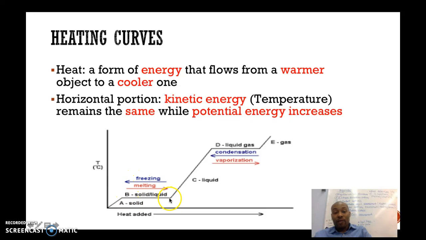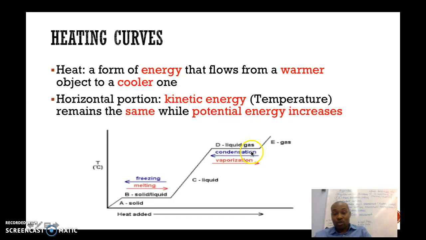Okay, and then once the substance melts, it's going to be in a liquid phase. So this portion of the graph here represents the liquid phase. But then eventually, it's going to reach a point where it's going to go from liquid to gas at a particular temperature. So this horizontal portion here represents that stage in which it's going from a liquid to a gas, or a gas to a liquid. When it goes from a liquid to a gas, we call it vaporization or boiling.